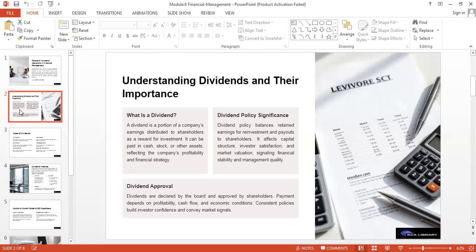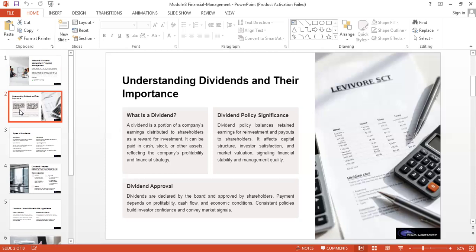So dividend policy is important in order to bring about a balance between the earnings for investments and payouts. It affects a number of things: the capital structure, investor satisfaction, and market valuation. And it deals with how stable management quality is.